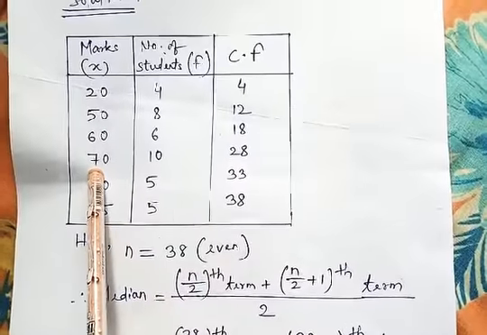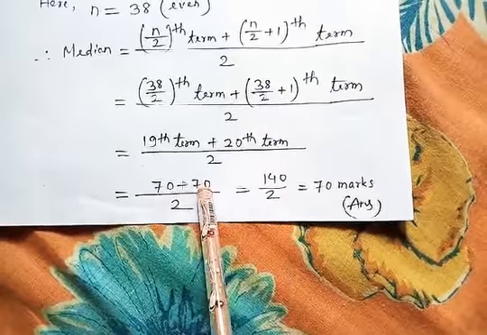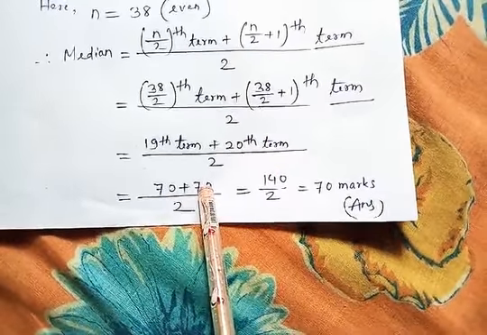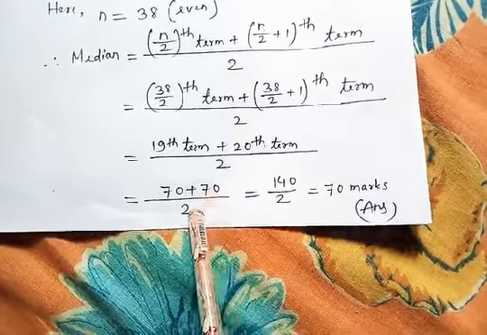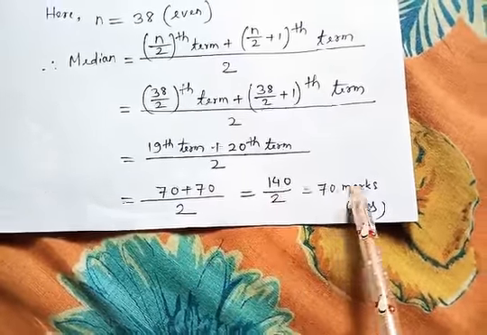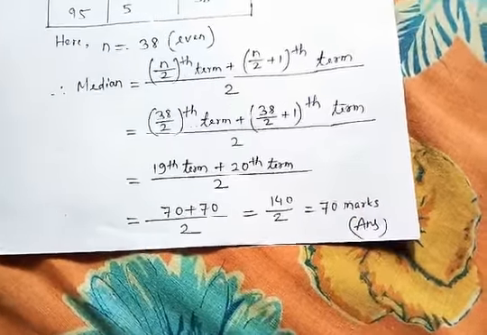If I check the marks, it is 70. So the 19th term is 70, and the 20th term also is 70, because 18 to 28th term is 70. 70 plus 70 by 2, 140 by 2, is 70 marks. So our answer will be 70 marks.